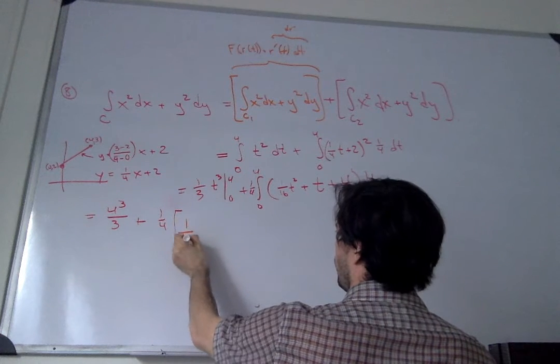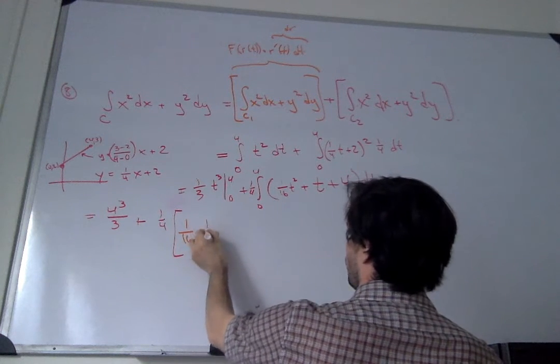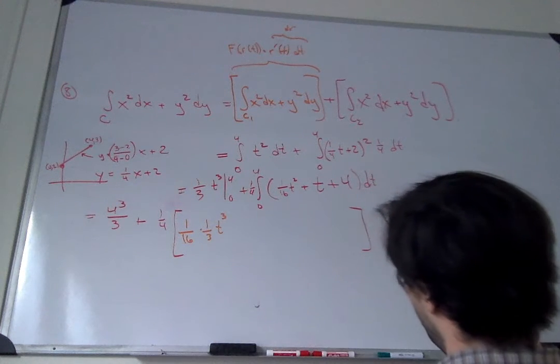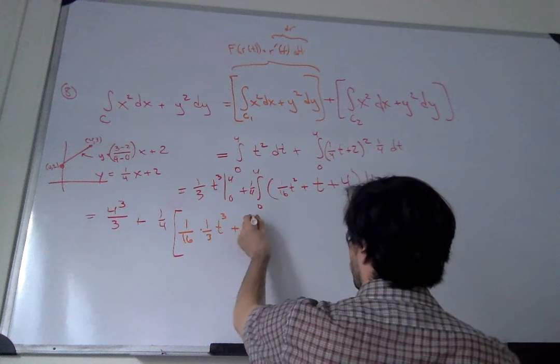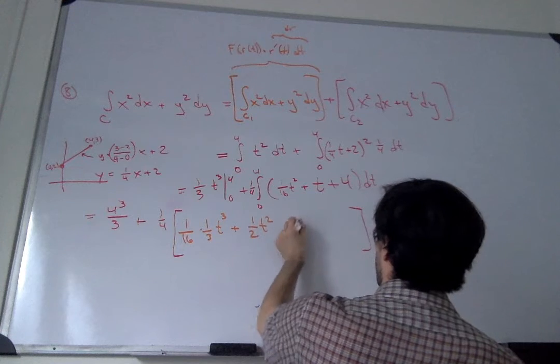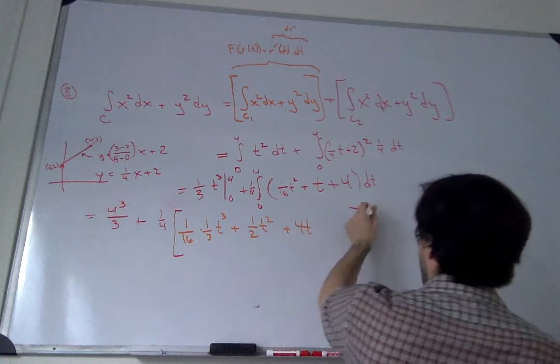So 1/16 times 1/3 t cubed, plus 1/2 t squared plus 4t, okay?